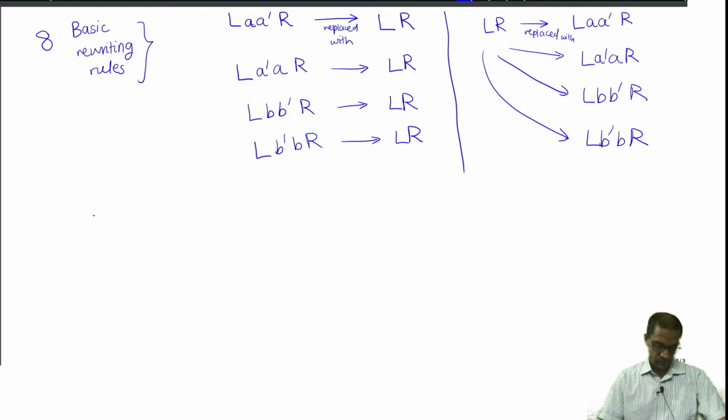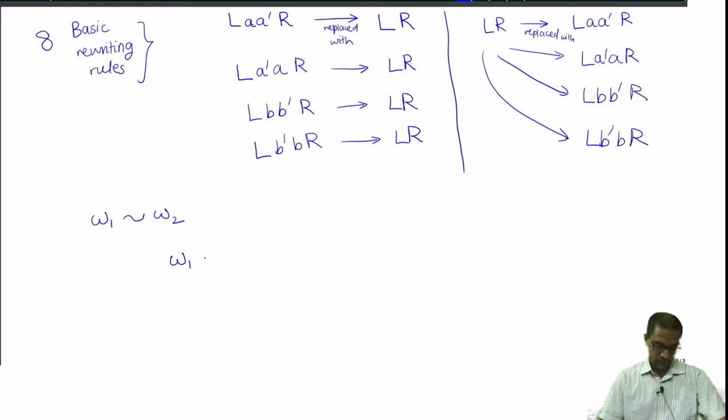So going back to our definition, we said W1 is equivalent to W2. What does that mean? It means I start with W1. I see if one of these 8 rules can be applied. You can always apply one of the rules, because for example, the rules which allow you to add 2 letters in the middle can be applied to any word if you wish.